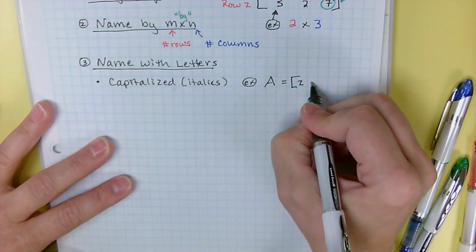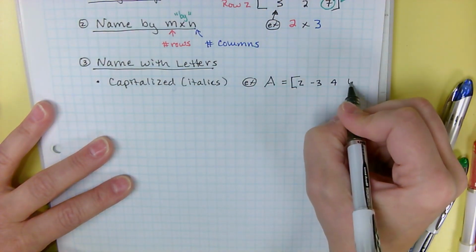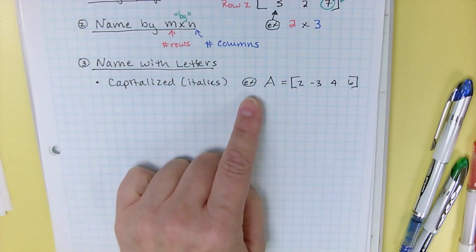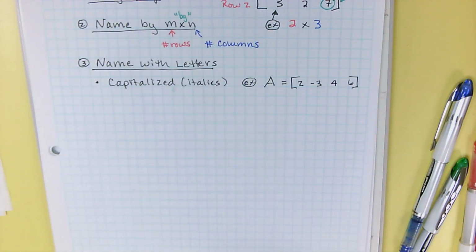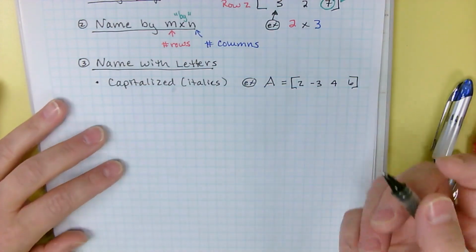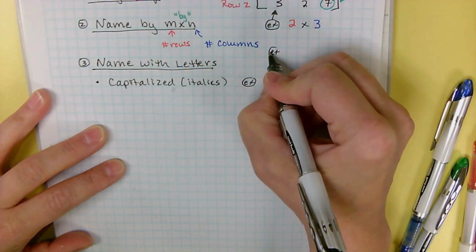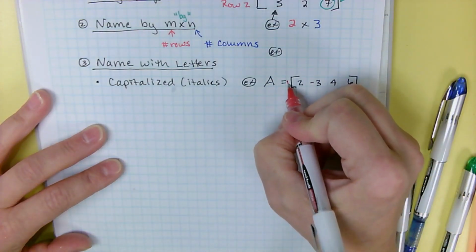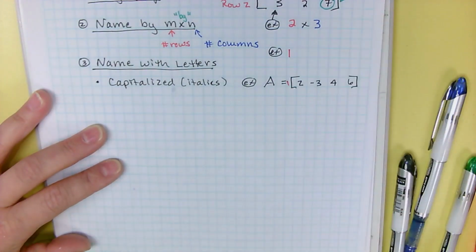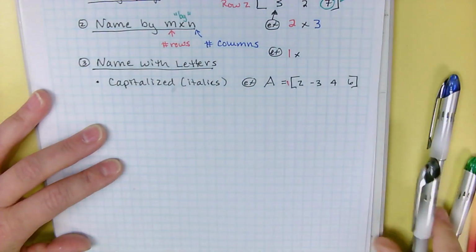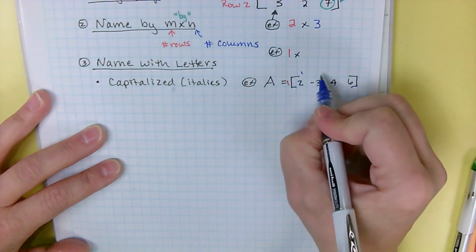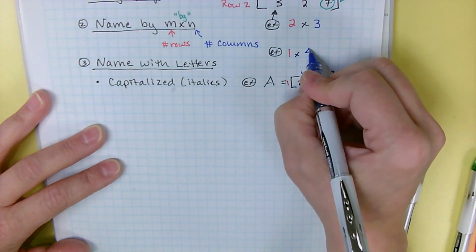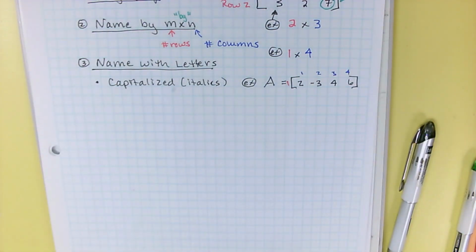And we're going to write 2, -3, 4, and 6. So we would call this matrix A. And if we wanted to name it using M by N, there's only one row of numbers, so 1 would come first, by, and then if you count the columns, 1, 2, 3, 4, it has 4 columns, so named by dimensions, it's a 1 by 4.